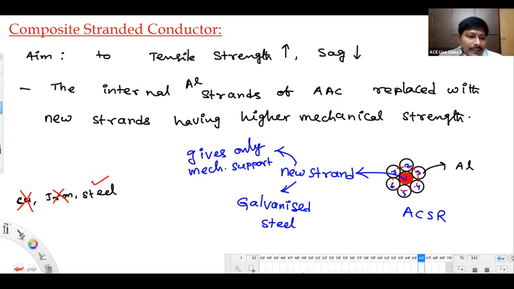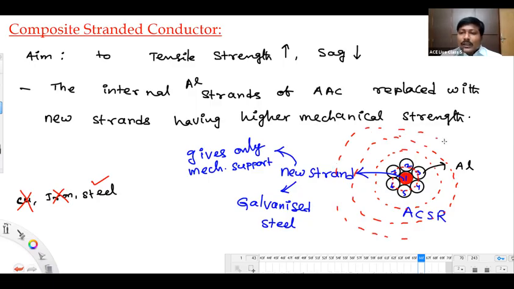If you have a second layer, how many strands do you have in the second layer? Expect that number. It will be 12. And if you have one more layer, how many strands can you expect now? 18, 12 plus 6. If you have one more layer, then it will be 18 plus 6, that is 24.